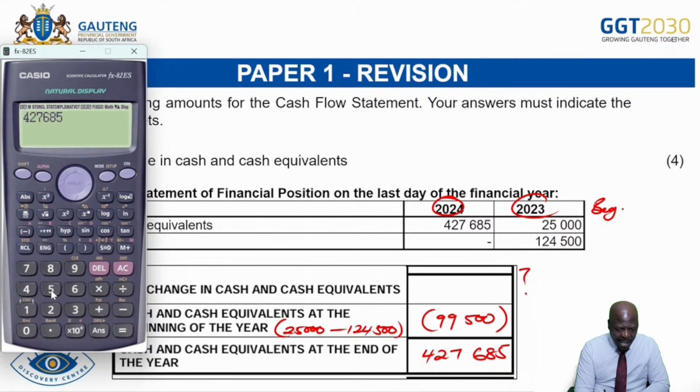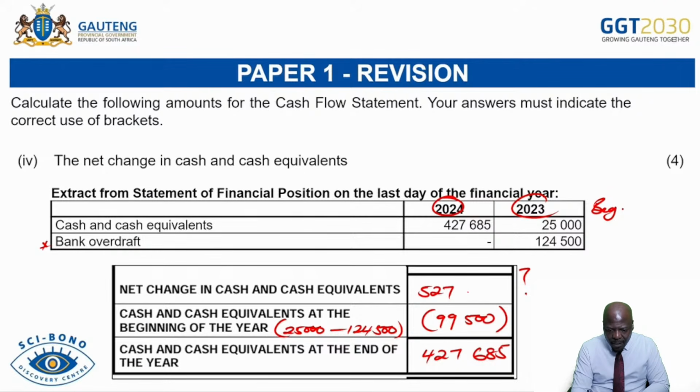And then we say plus, because when we go up, we change the sign. So it becomes 99,500. We change the sign, becomes a plus 99.5, and then we end up with 527,185. And that is the last part.